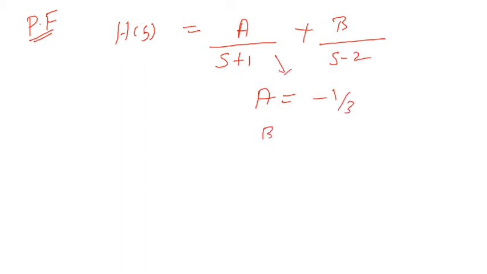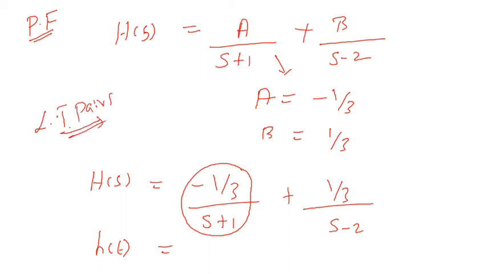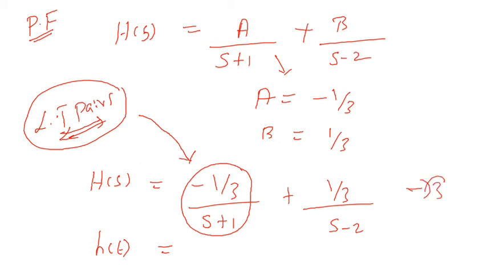You can find it out. Okay, so b is equal to 1 by 3. Therefore h of s is equal to minus 1 by 3 into 1 by (s plus 1) plus 1 by 3 into 1 by (s minus 2). So this is h of s now. Now what is the h of t for this? We have Laplace transform pairs. If needed, I can take a photo of that table and send it to your group. So using the Laplace transform pair, the inverse of this term is minus 1 by 3 e power minus t.